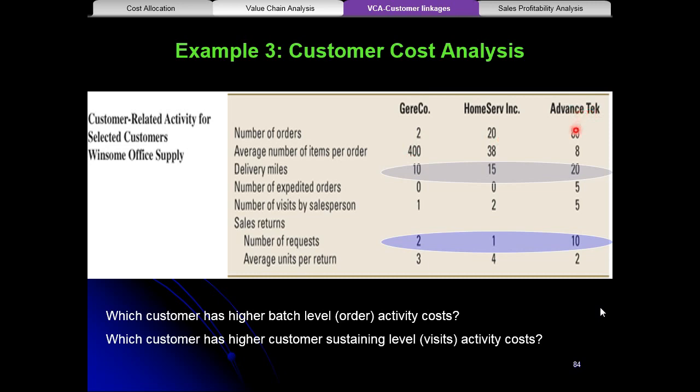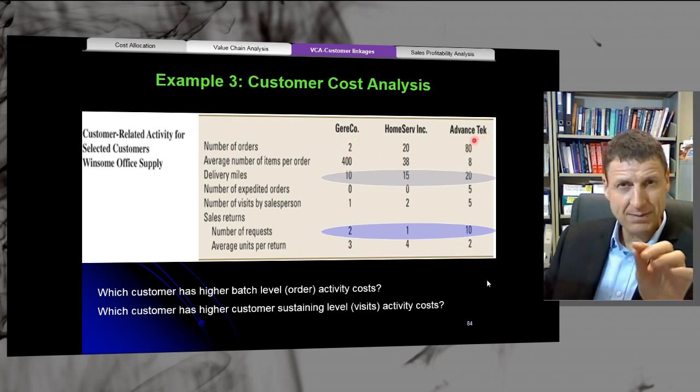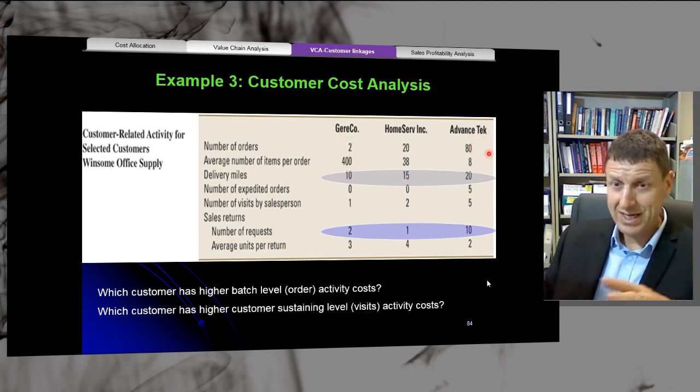Advanced Tech, 80 orders per month, but the average number of items per order is 8. Right off the bat, you can tell that Advanced Tech is going to be much higher maintenance than Jerry Company. Just 2 orders here, 80 there. Wow. Your order processing is going to be very, very busy with this customer, not so busy with this one. You can see the difference already.